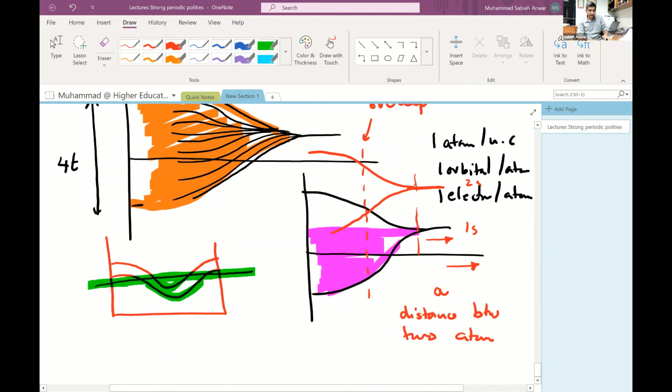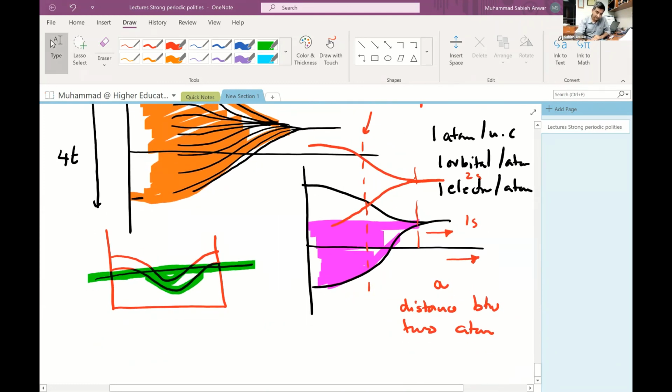So if I have this scenario in which there exist two orbitals per atom, and I have two electrons donated by each atom, then naively the lower band will fill up. Okay, all of this will fill up.